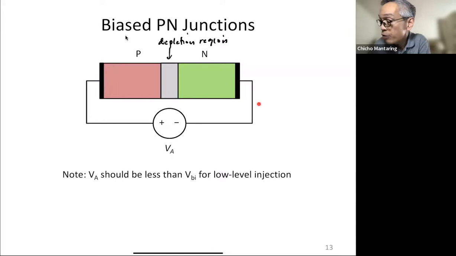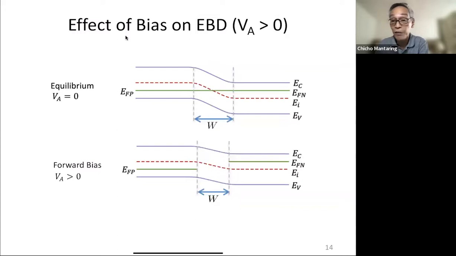Usually you will never apply a voltage directly to a PN junction. You will always do it through a resistor. But in this particular case, let's just assume that we can apply this voltage, and it will affect the band diagram directly. So what will happen if VA is positive?